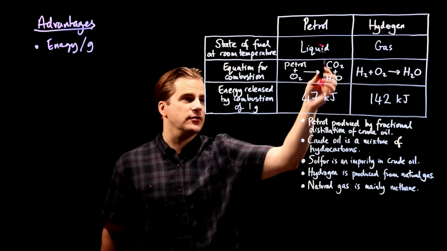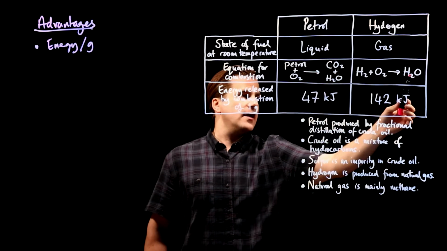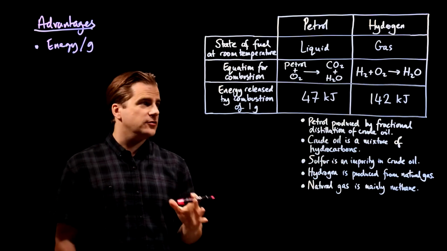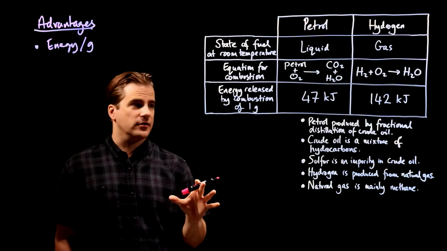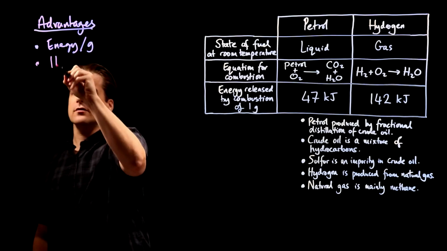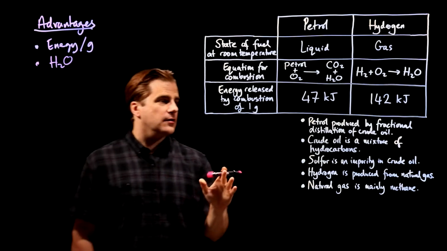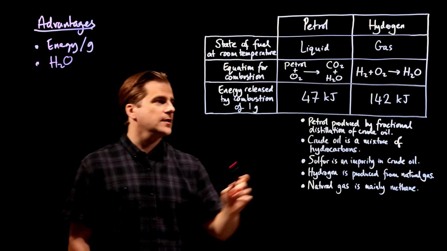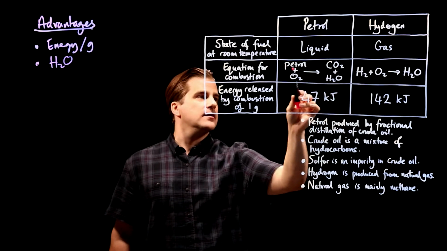Advantages of using hydrogen over petrol. Well, look at that. The combustion of hydrogen produces only water as a product, and water is harmless to the environment. So that's another advantage. What else can we say?